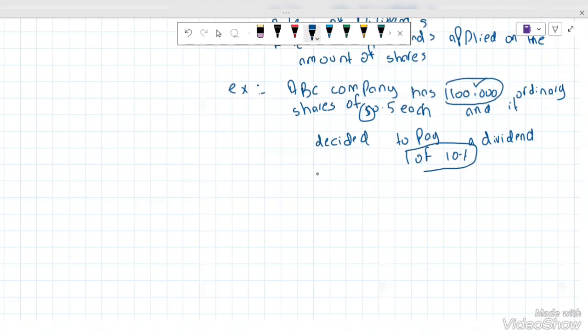So what we have to do is multiply the number of shares issued by the ABC company by this 0.5, which is the value of one share. Then we will get this amount, 50,000.